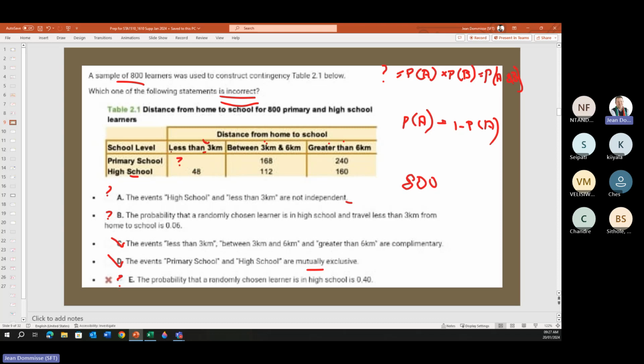Probability of A, so the probability of high school. Okay, so we will now need to start adding numbers. So now it is time to put in that one. So that will be 72. If you add all of the numbers and subtract it from 800, you will get that number of 72.